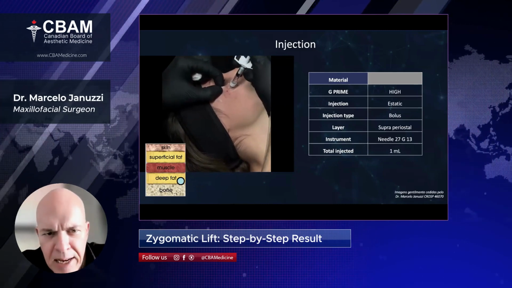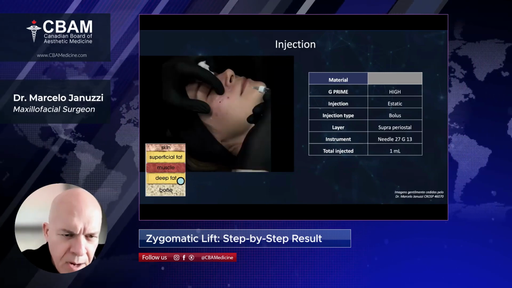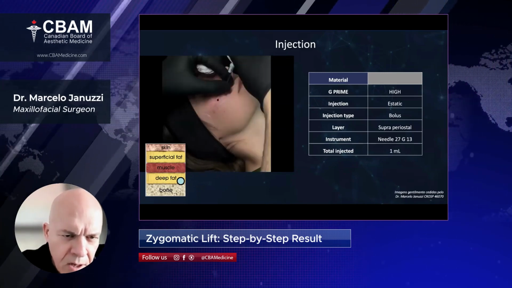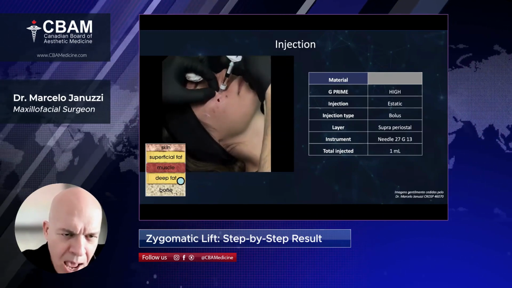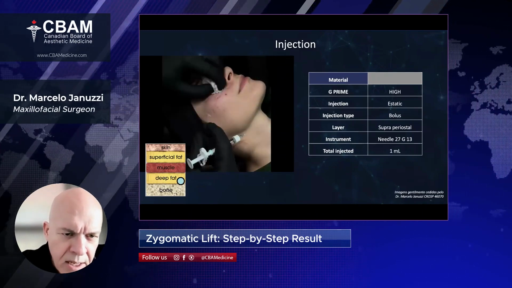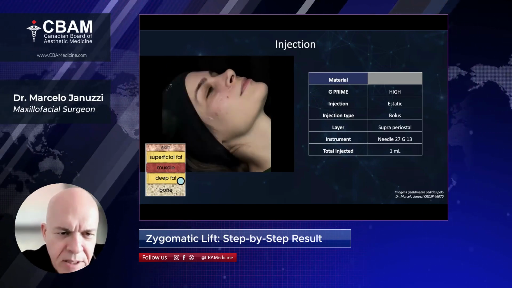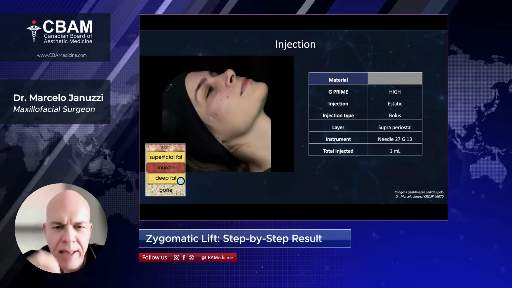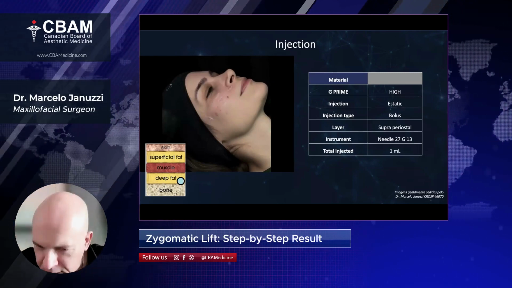So that's our planning being executed. And we can see here all the injections exactly like we planned. So 0.1 cc. And now we can see a very different zygomatic bone, designed or reprojected.